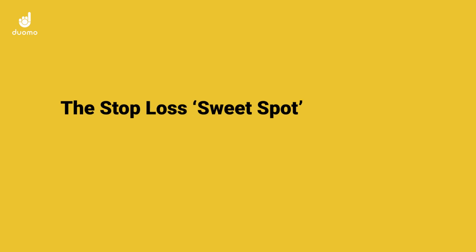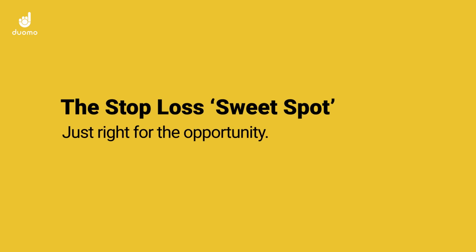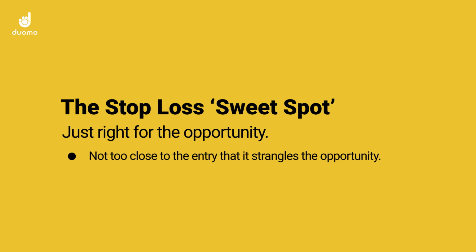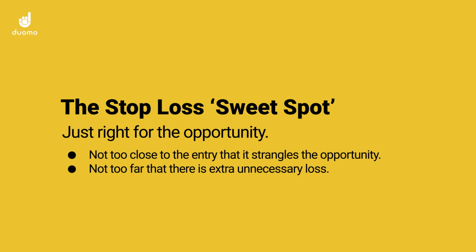In an ideal situation, our exit point for a trade will be at the so-called sweet spot, where it's just right for the opportunity. Not too close to the entry that it strangles the opportunity and doesn't allow the price to fluctuate around before eventually heading into profit, and not too far from the entry that you're just losing extra money unnecessarily when an opportunity is already lost.